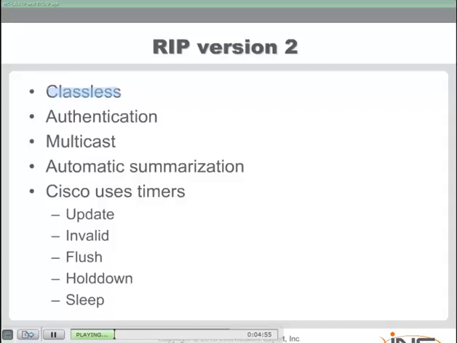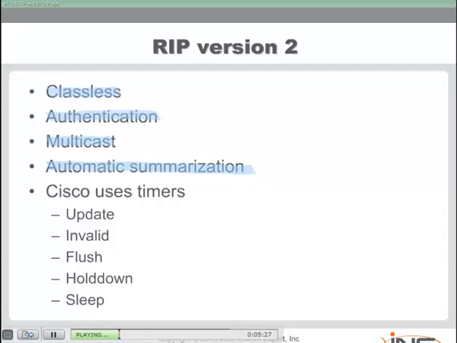And it does support authentication so that we can make sure that the person that we're sending the information to is an authorized person to be receiving that information. It multicasts instead of broadcasts. That's wonderful. And then it engages in a little bit of an annoying feature. It wants to automatically summarize your prefixes for you on classful boundaries.